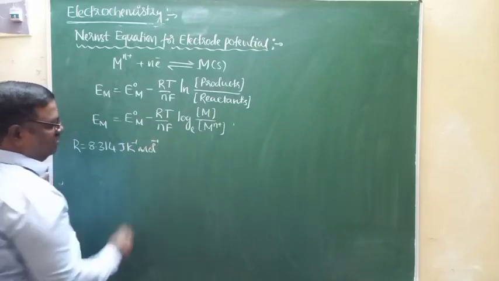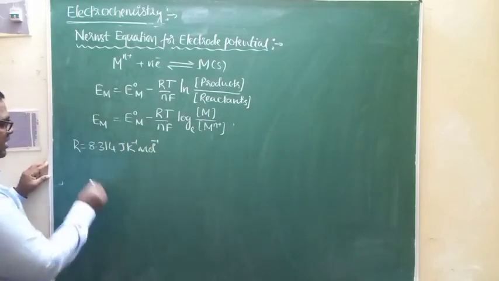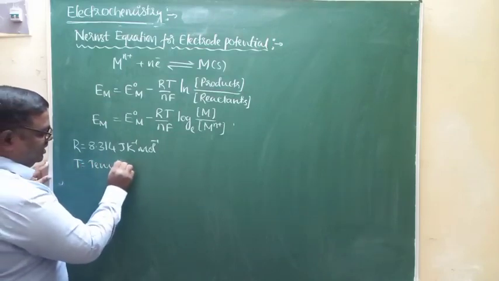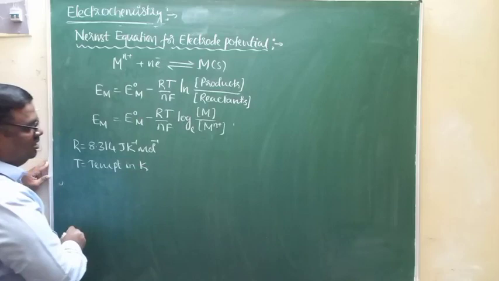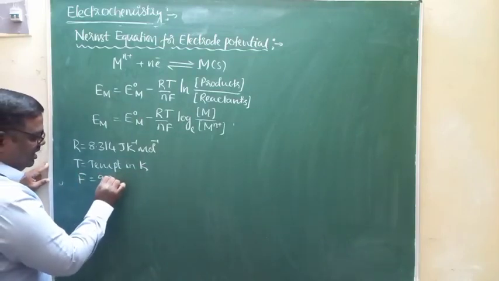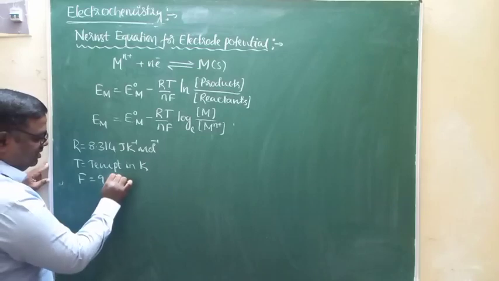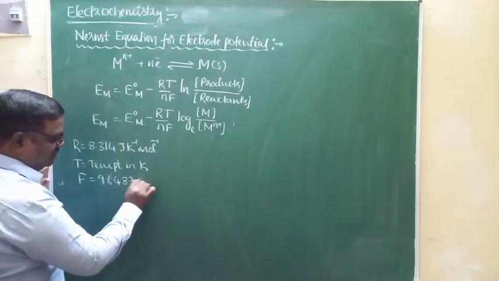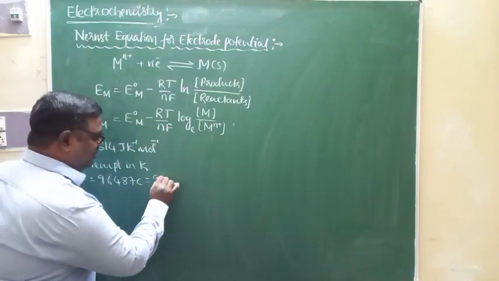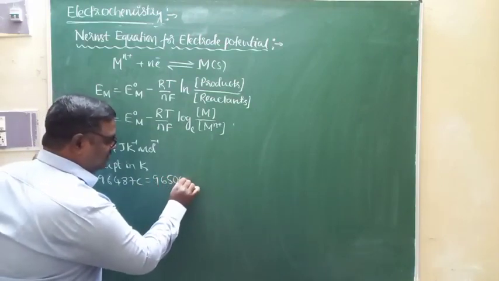This is the value of gas constant R. T is the temperature in kelvins. F is Faraday's constant, equal to 96,487 coulombs, or it is approximated as 96,500 coulombs.